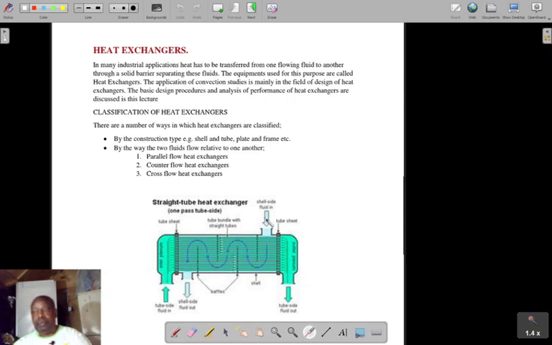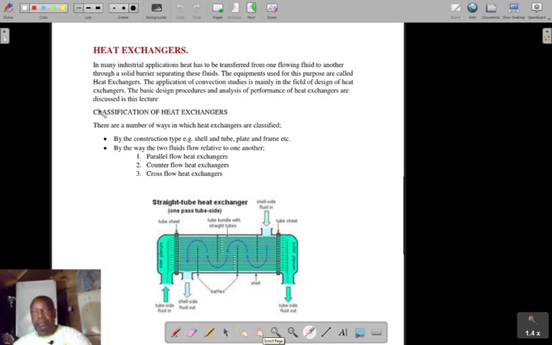So one of the fluids is flowing through some set of tubes, and the other fluid is flowing in the rest of the bulk of the heat exchanger.